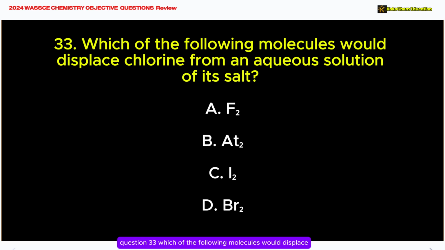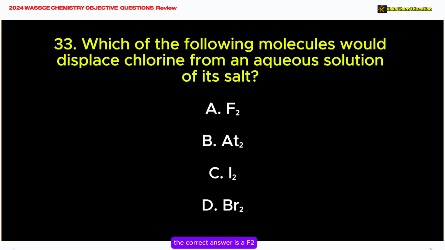Question 33. Which of the following molecules would displace chlorine from an aqueous solution of its salt? A. F2. B. At2. C. I2. D. Br2.